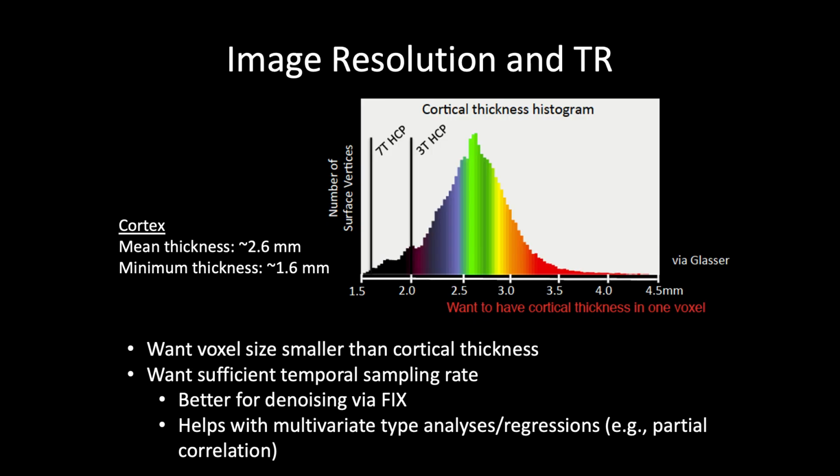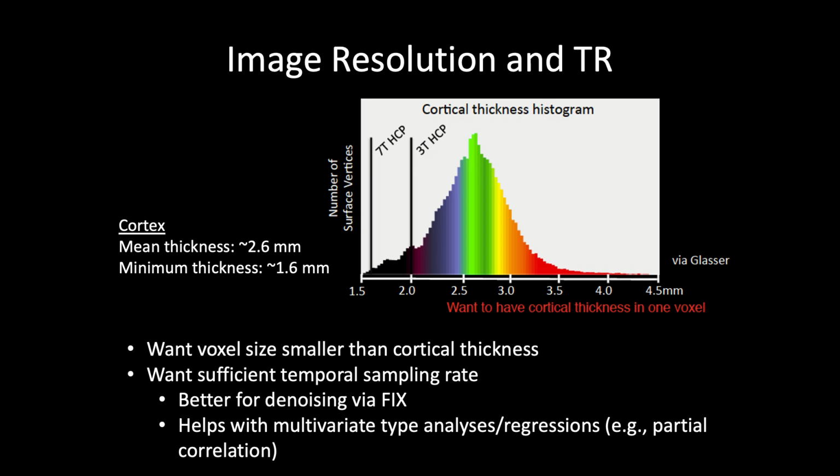Now, why do you care about your image resolution? One of the things that you've heard about with HCP is the focus on surface-based mapping. And by having these thinner slices, your slices are essentially thinner than your cortical thickness.